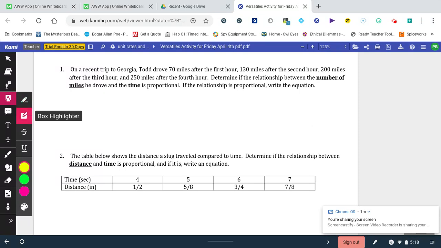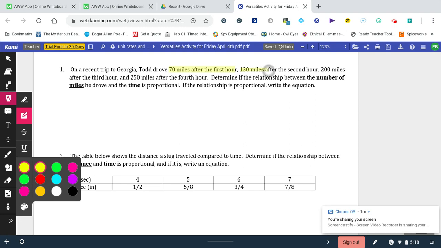Then he drove 130 miles after the second hour, and then 200 miles after the third hour, and then 250 miles after the fourth hour. So I have all those.